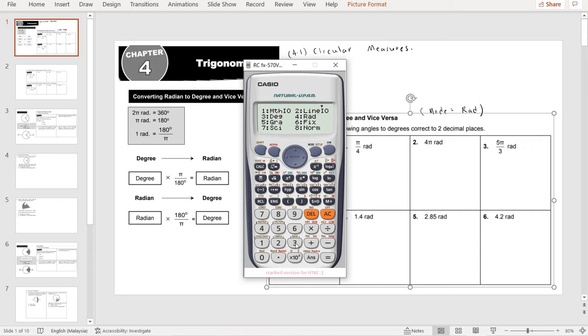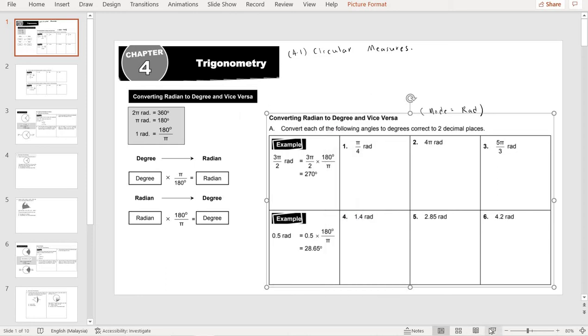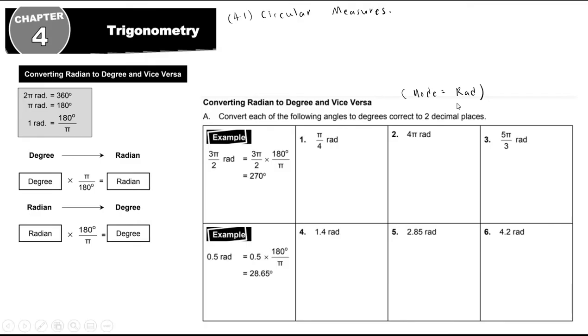If you choose number 3, you can check that the mode of your calculator is now in degree. If you want to change to radian, go to shift, mode or setup, and then choose number 4. And now your calculator is in radian mode. So for now we use the calculator in radian mode.